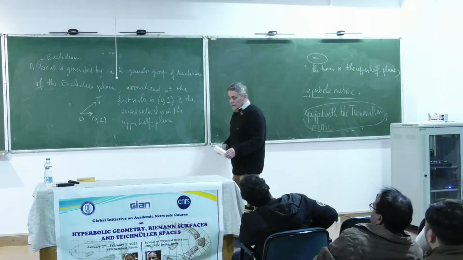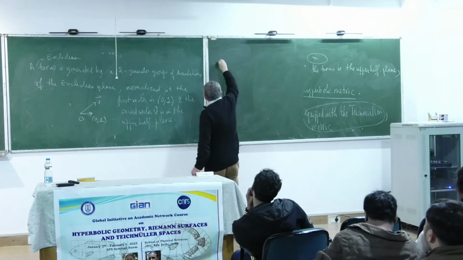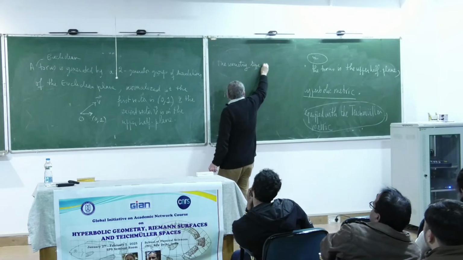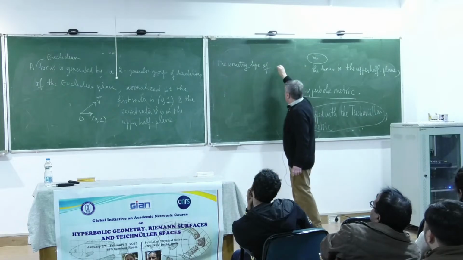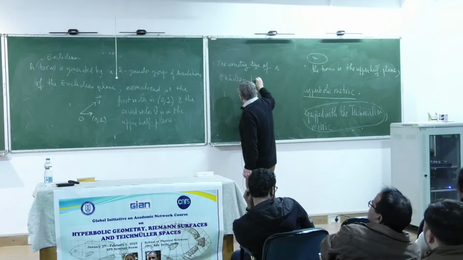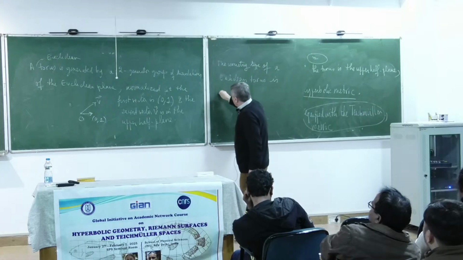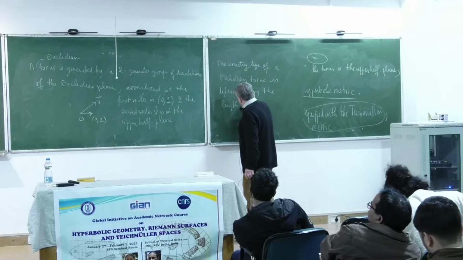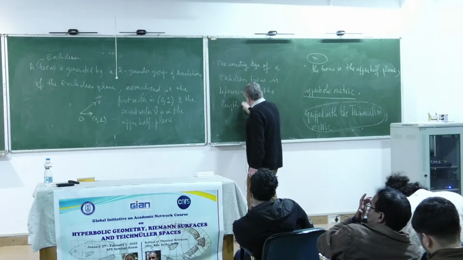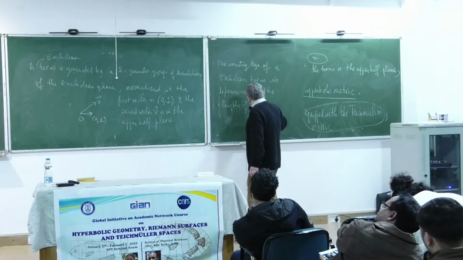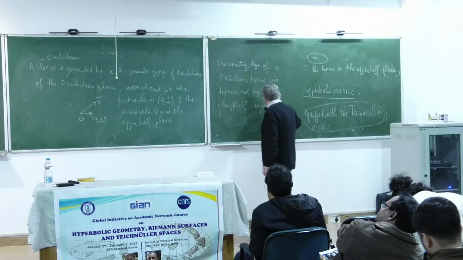We said that the isometry type of a Euclidean torus is determined by the length spectrum, by the set of lengths of injective closed geodesics.